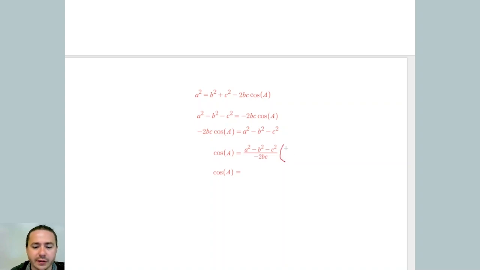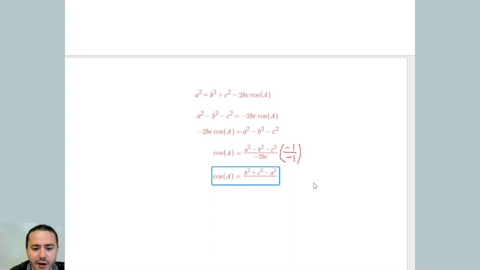I think the reason publishers do this is so that you have fewer negative signs in here. Multiplying by -1 over -1 is just the same as multiplying by 1. And so what you'll end up with is b squared and c squared being positive, and then we'll have minus a squared, all over 2bc.